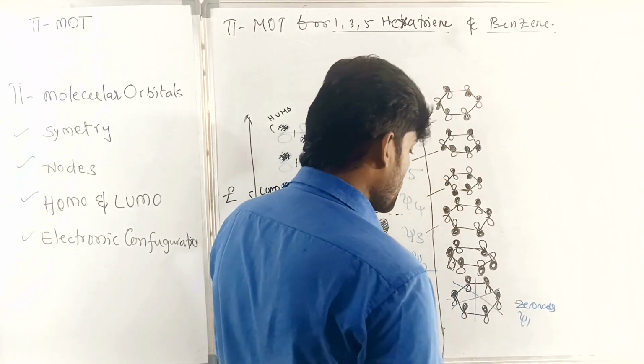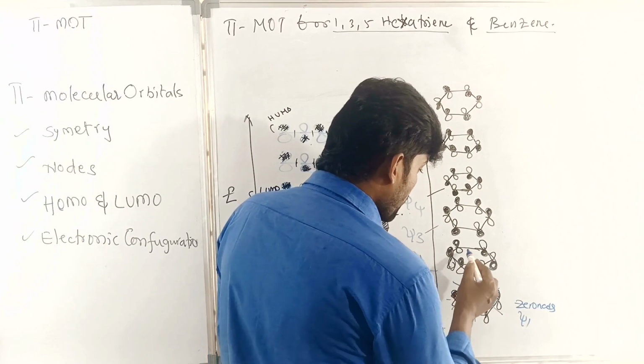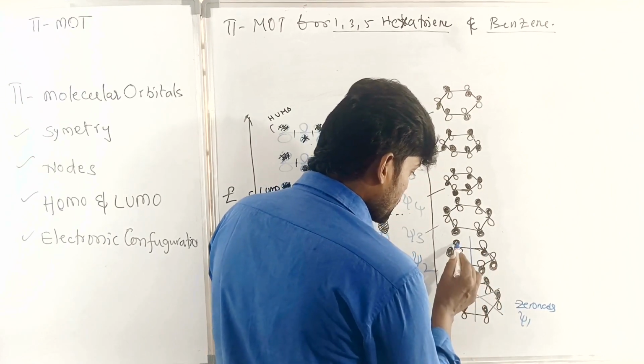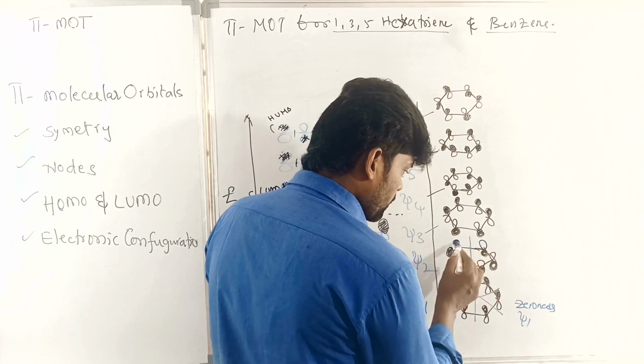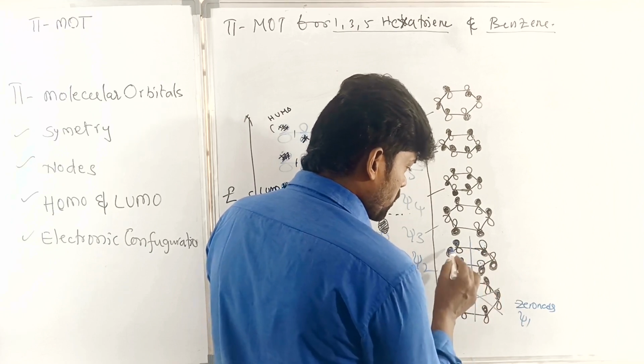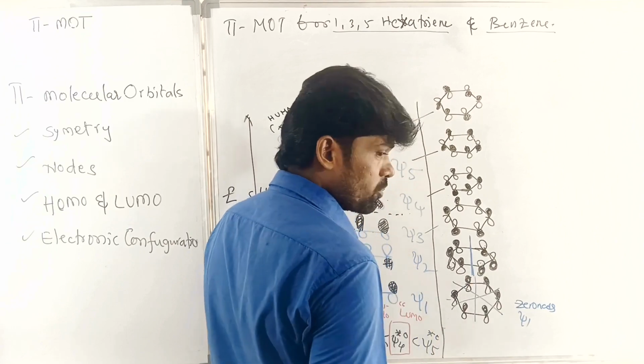Psi1 has 0 nodes. Coming to Psi2, we are going to cut with this axis. See, this is different, this is different. So both of them are opposite. So we can easily cut this with respect to this axis.